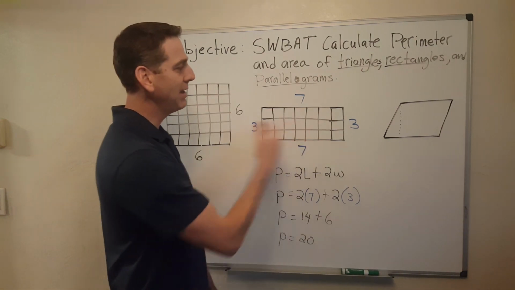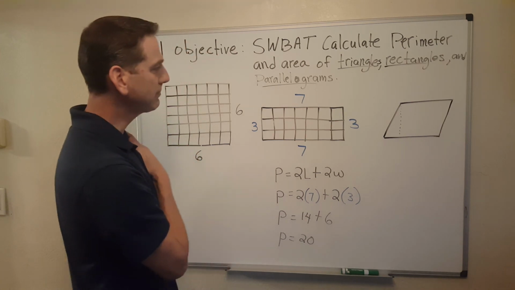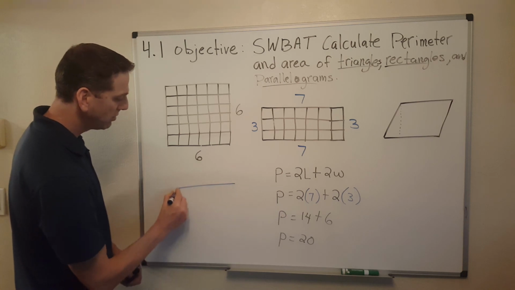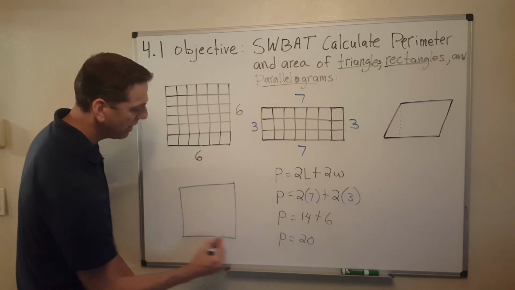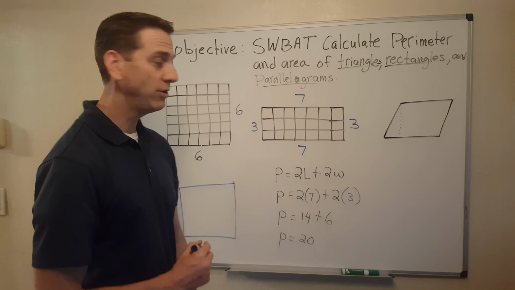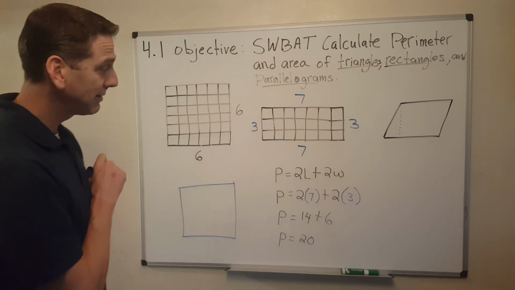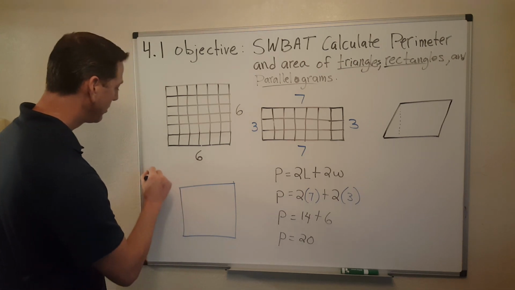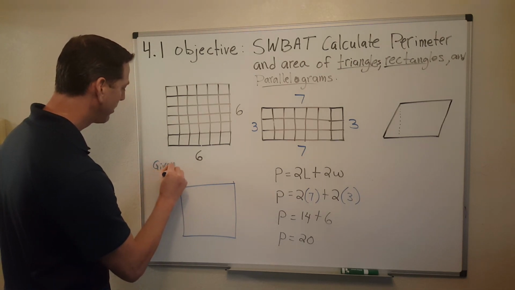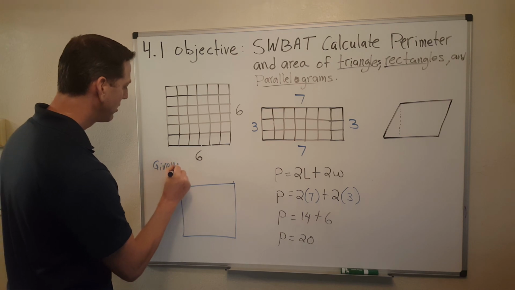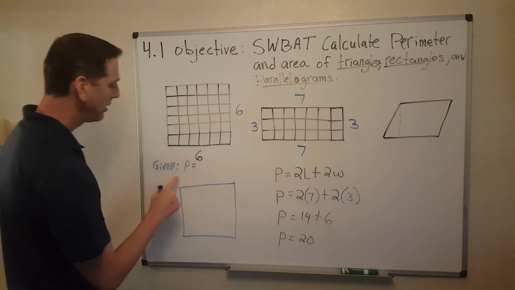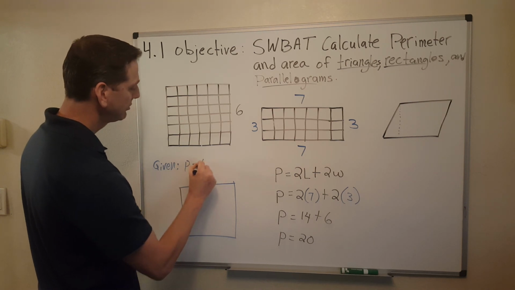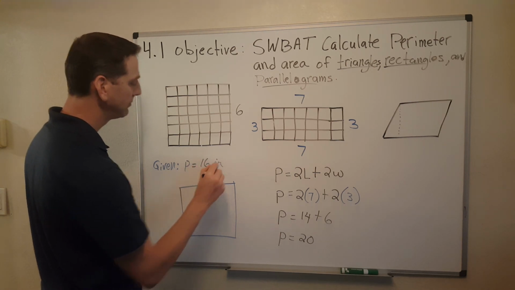Let's say I have a rectangle, right? And they tell you that the perimeter is 16 inches, right?